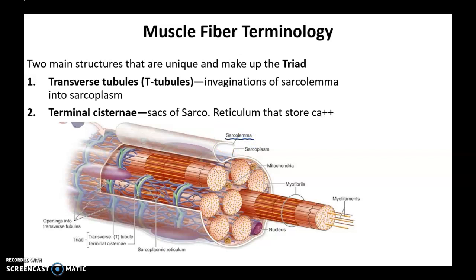Now there are places where the sarcolemma invaginates, meaning it goes deep down and it gets wrapped around each myofibril, and those are these green tubes. Do you see the green tube-like structures? These ones. These are called T-tubules or transverse tubules, and they are formed by invagination of the sarcolemma.